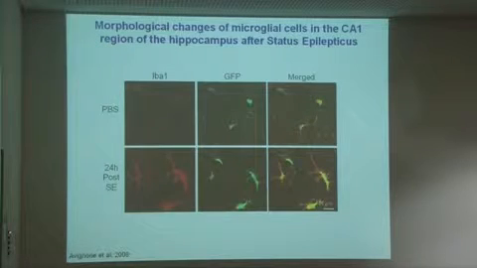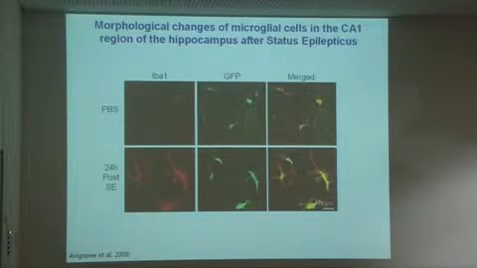So now we look at the microglial cells in these animals. This is the normal morphology of the microglial cells in the CA1 region of the hippocampus, in the stratum radiatum. These are control animals, GFP, immunolabeling with IBA1, which is a specific marker of the microglial cells, perfect colocalization of the two, of course.